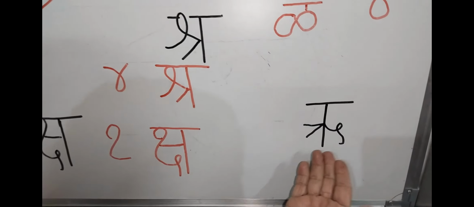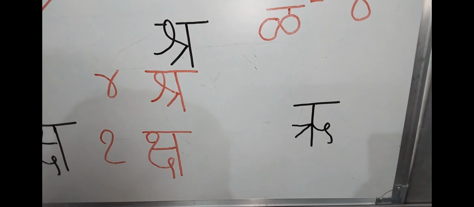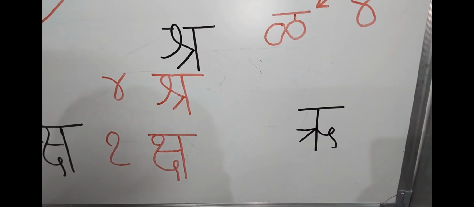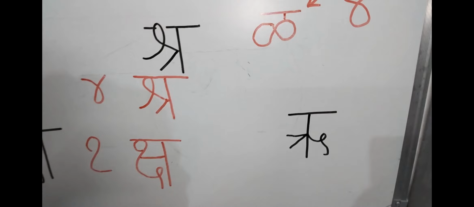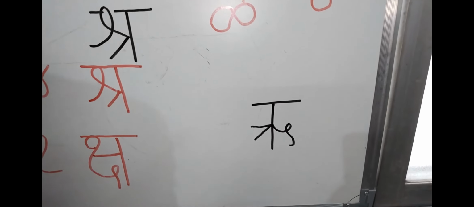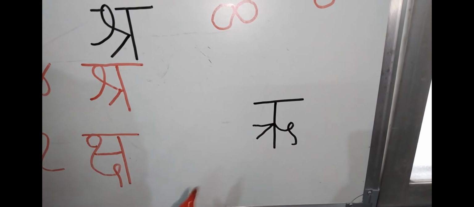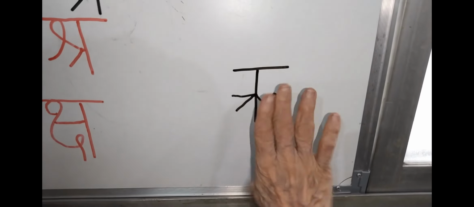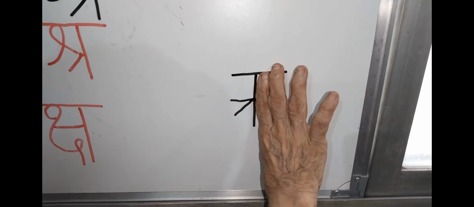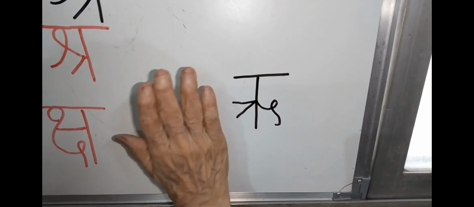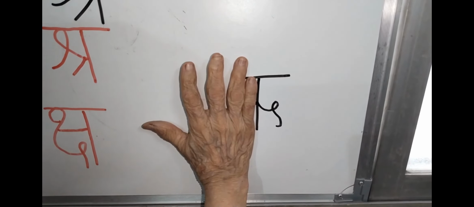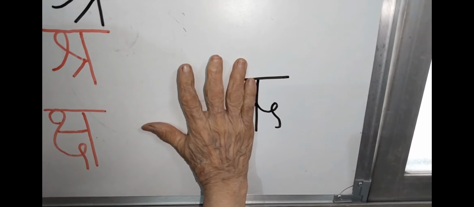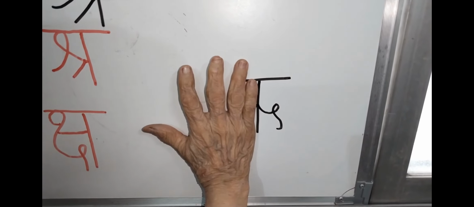Now this is Ru from Rushi. Whenever we want to write Rushi, this particular letter will come in our diary. So here, first of all, if we see only this part, it looks like our throat. And if you look at this part, it looks like the Marathi or Hindi figure of number 5.